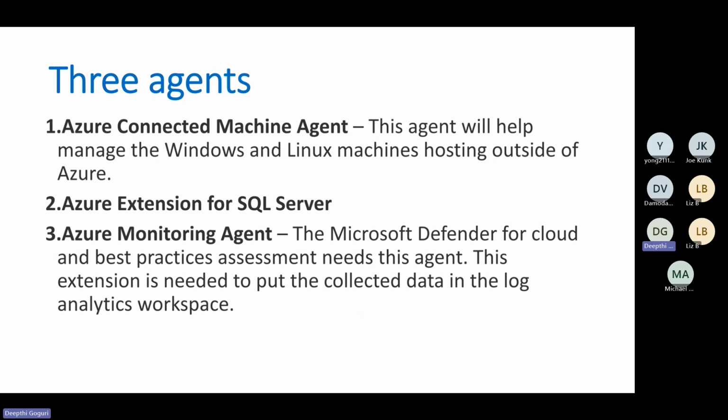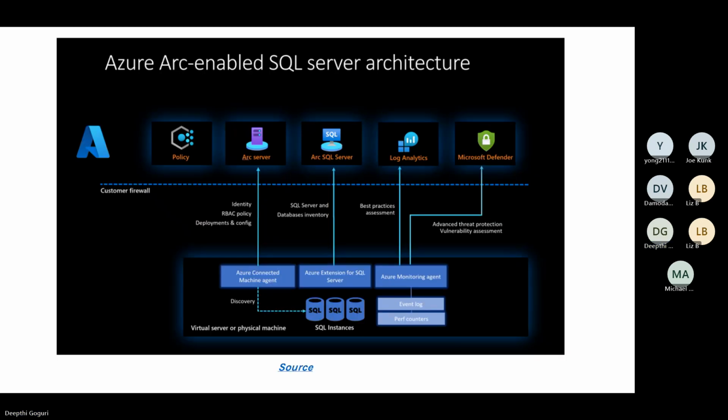By enabling this agent, you can collect the data and save it into the analytical workspace. If you already have a workspace, you can select that, or you can build one for this purpose to save this collected data.